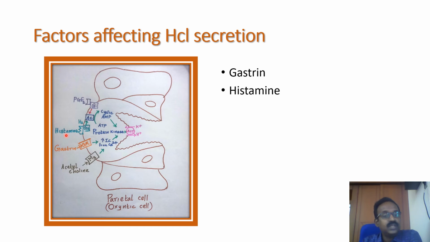Histamine is a potent stimulator, and it acts through the cyclic AMP pathway. Acetylcholine also increases hydrochloric acid secretion through the intracellular calcium second messenger system. Prostaglandin E2 inhibits gastric secretion because it decreases cyclic AMP formation.